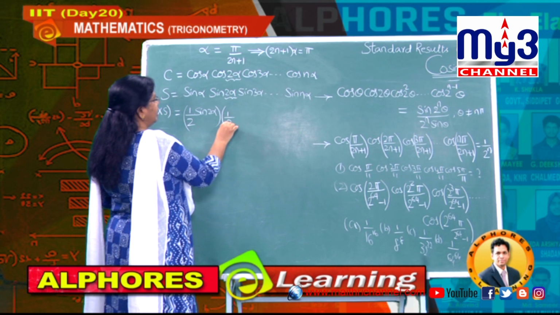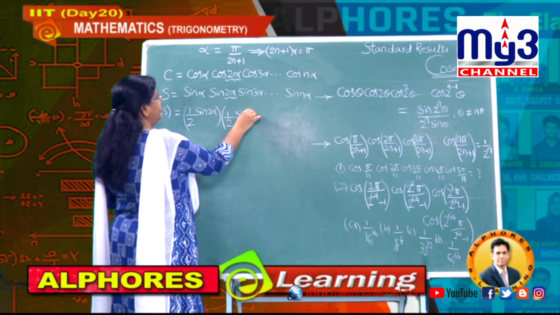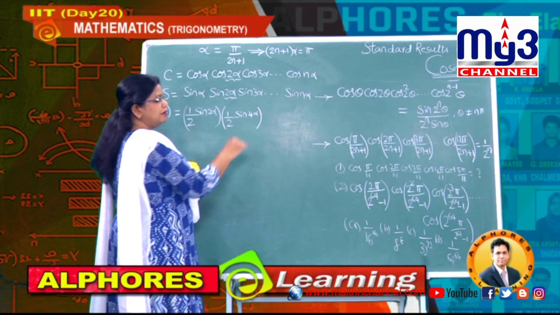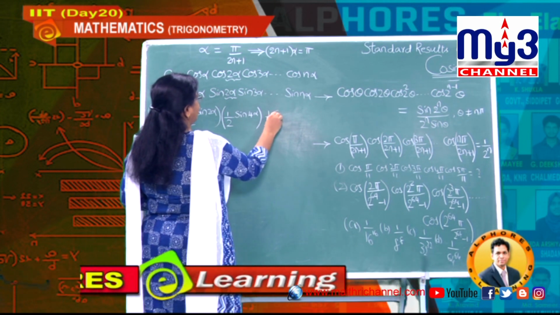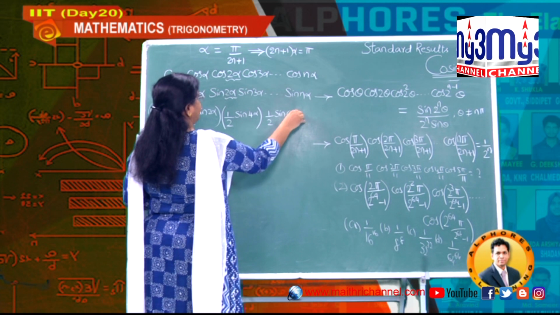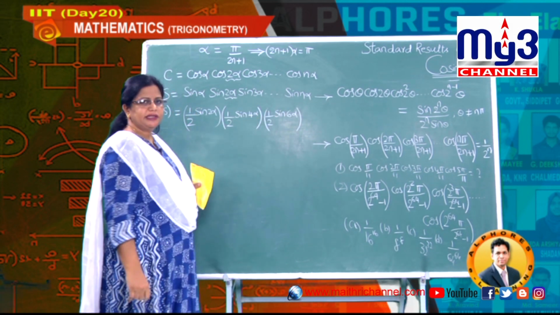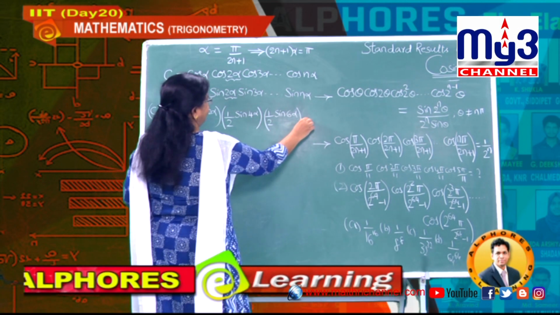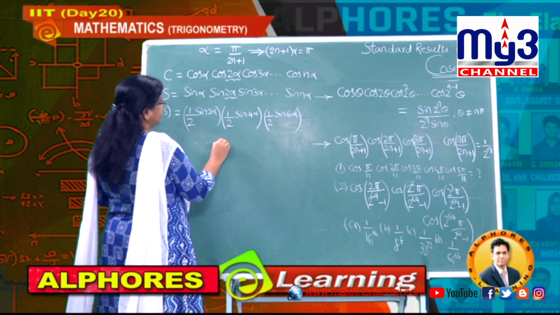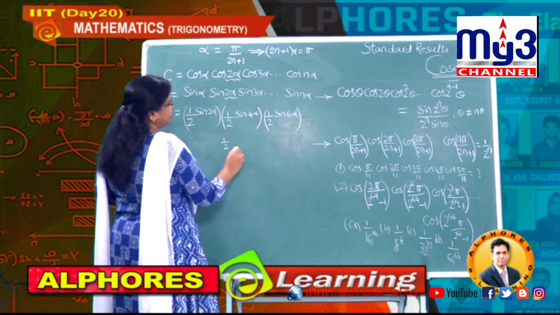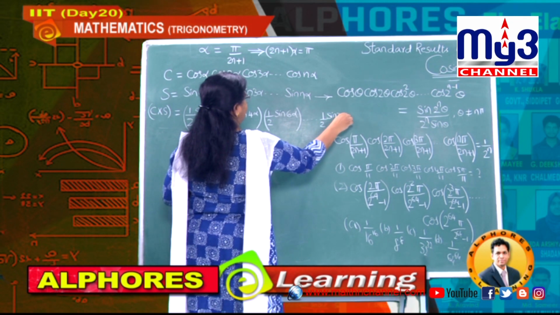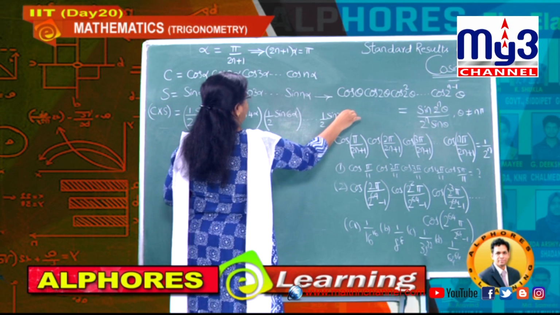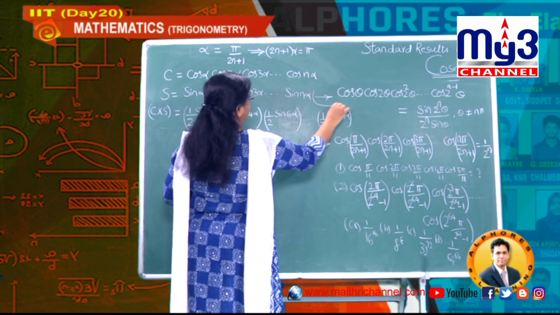So this is half sin 2 into 2 alpha, that means it will now become 4 alpha, and next value half sin 2 into 3 alpha, that is 6 alpha. Understand, students, etc. You will get here, etc. This is half sin how much here? 2n alpha. Okay. So like this you got all values after multiplication.